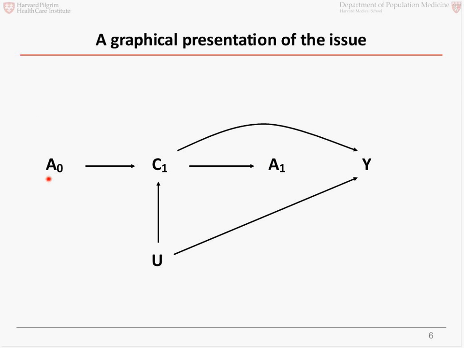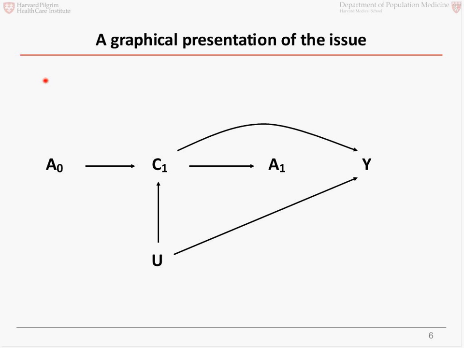So you hope that the patient would take the drug in both months, and you are interested in the effect of this treatment adherence on the risk of your outcome, which is represented as Y here. And there is a set of variables that are summarized as U here. U means that these variables might not be measured, but if you measure C1, you can adjust for the effect of U. C1 is actually the one that is going to give us the most trouble, and we're going to talk about it in a minute.